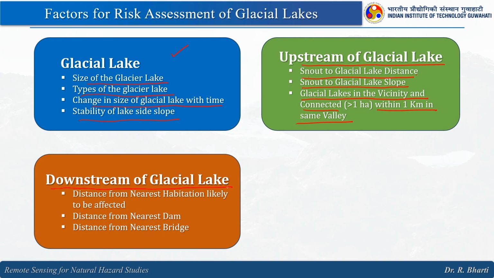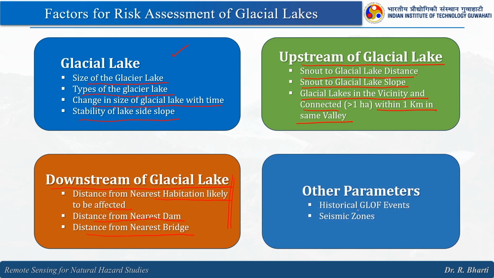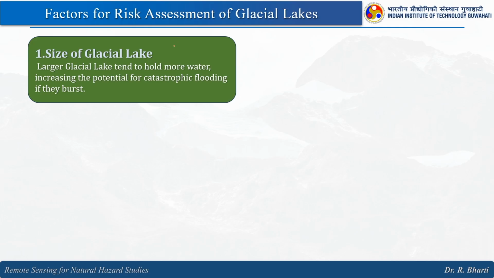Then the downstream of the glacial lake: distance to the nearest habitation likely to be affected, distance from the nearest dam, distance from the nearest bridge. So, what could be the impact of catastrophic flooding if this glacial lake fails? That can be seen from the downstream of the glacial lake. Then other parameters like historical GLOF events and seismicity in that particular area will help you understand how vulnerable your glacial lake is to a GLOF.